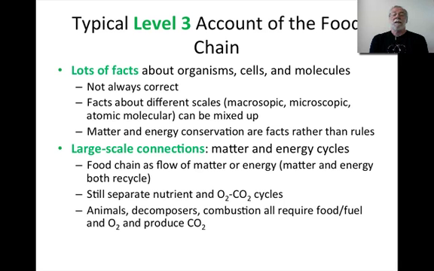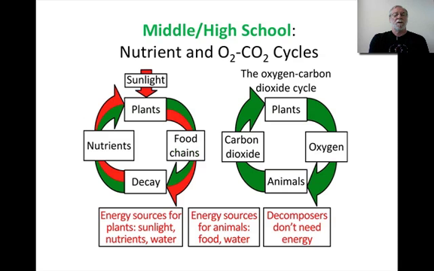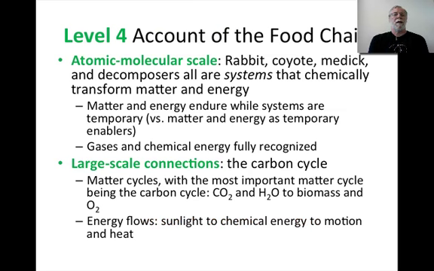And they learn lots of facts about different scales, such as macroscopic and microscopic and atomic molecular, but they're often mixed up and unconnected. And for them, matter and energy conservation are facts rather than rules, so they don't apply them consistently. They see large-scale connections, and they see that food chains involve flows of matter and energy, for example, but for them, they still see this as two different cycles, that there's still a separate nutrient and oxygen-carbon dioxide cycle.